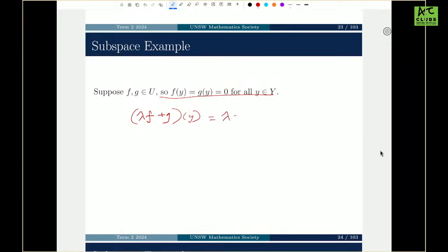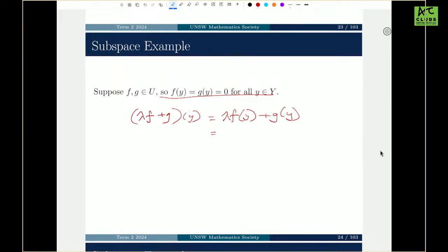So lambda f of y plus g of y. I'm just using this property of how real functions work, because the reals are a field.